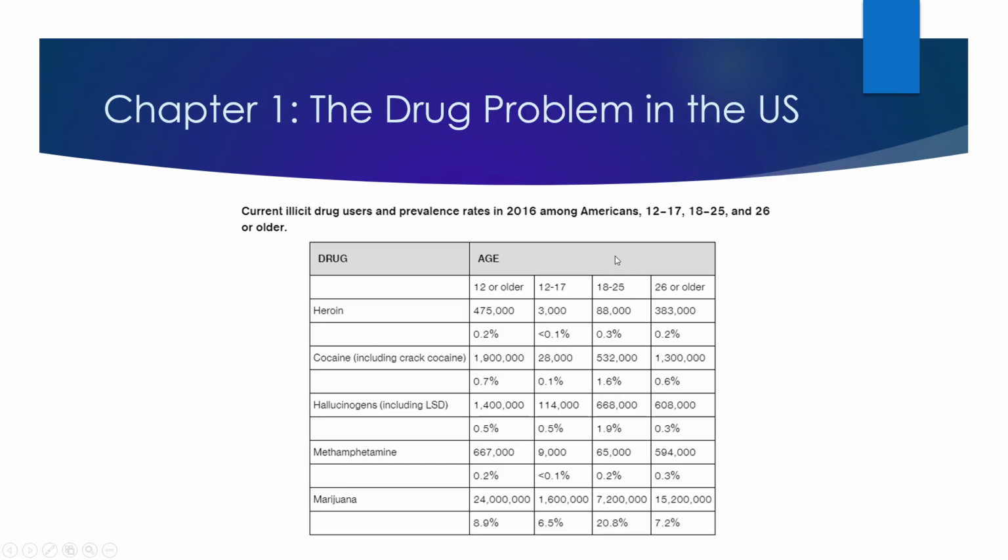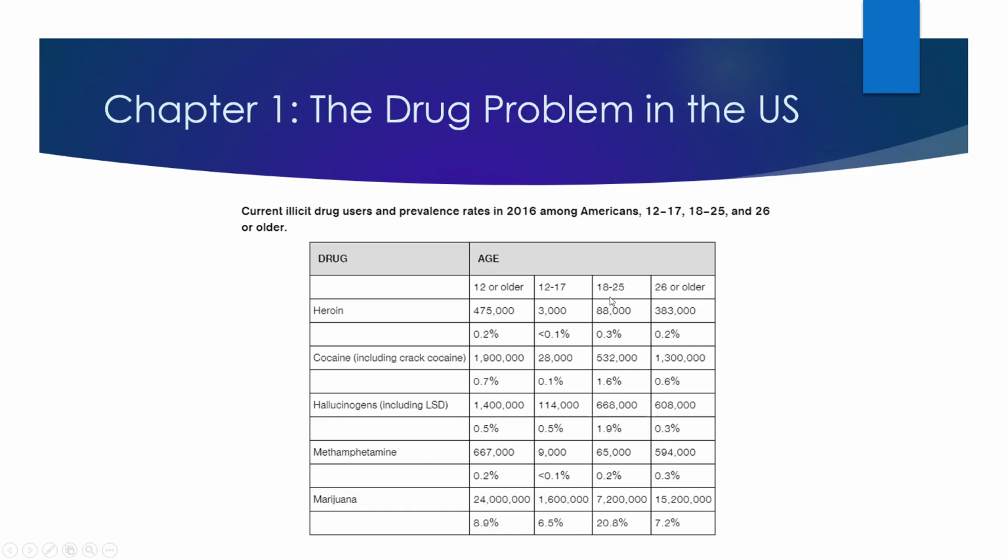So the big story, the number one story I take away from this graph is that 18 to 25-year-olds, so think college age, basically, if you want to put a label on it, college age Americans are most likely overall to be consuming drugs, illegal or problematic drugs here.